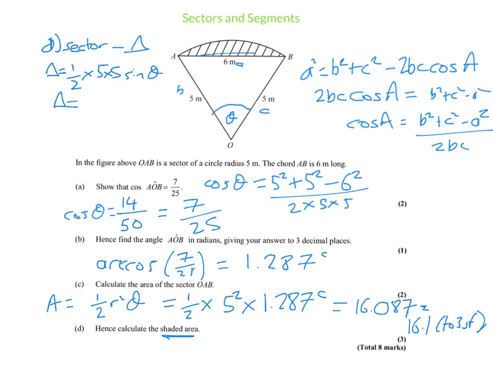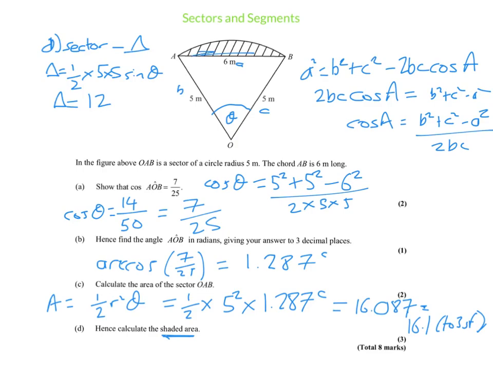That gives you 12. On the calculator it comes up with 11.9999, so I'm going to call it 12 here.